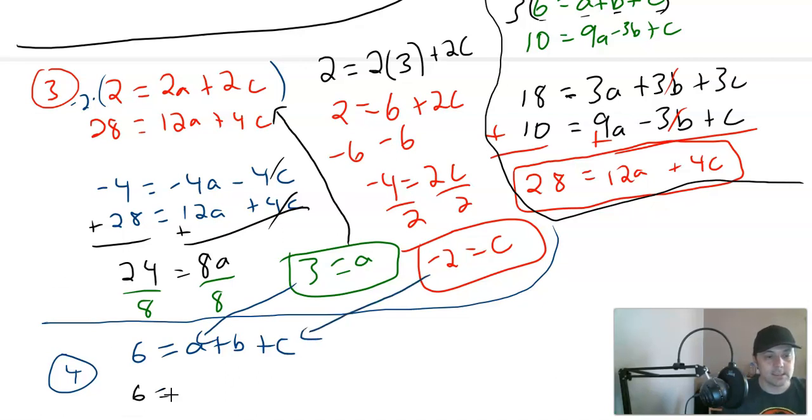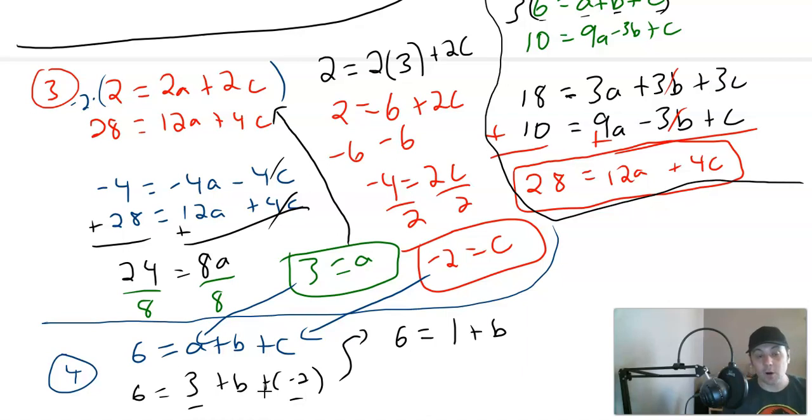And so I'll get 6 equals 3 plus b plus -2, which is going to give me 6 equals 1 plus b, right? So I'm going to combine these together. They're already on the same side of the equation, so I just combine them. 3 minus 2 gives me 1. That's how I got 1 here. Subtract the 1 from both sides, I get b is equal to 5.